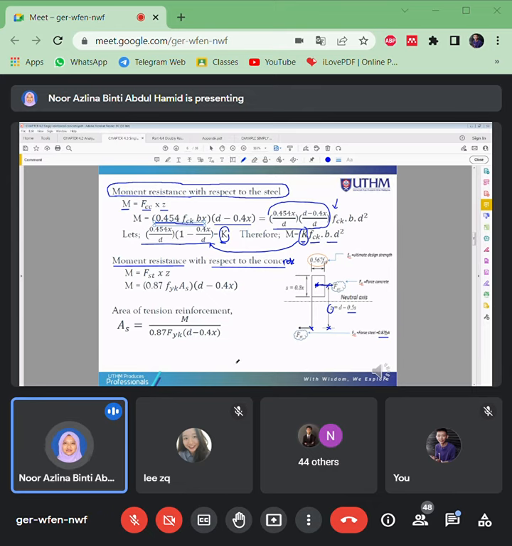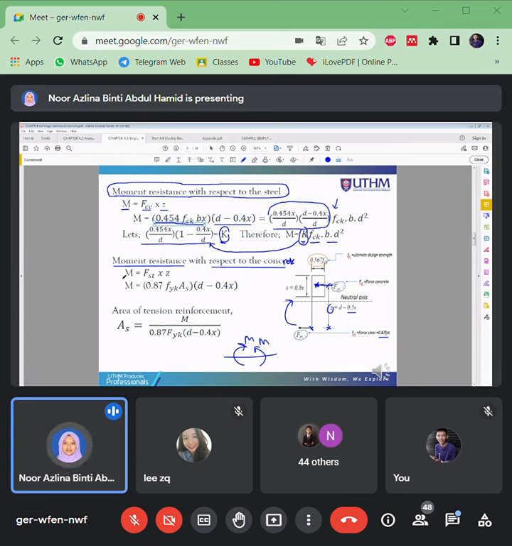Remember moments, turning this way or turning this way gives the same moment value. FCC multiplied with the Z will be equal to the value of FST multiplied with the Z. With respect to the concrete, FST will have to be multiplied with the Z but in these directions, to this point of the concrete.